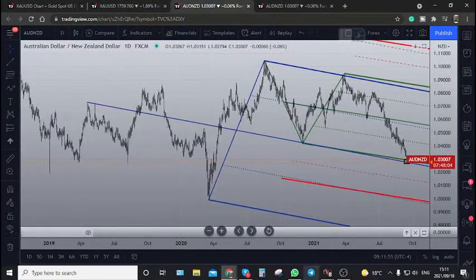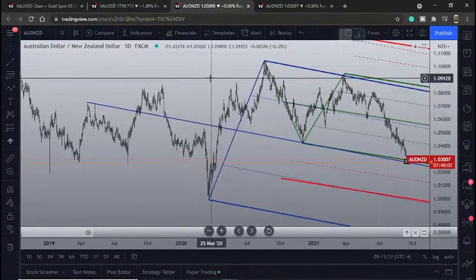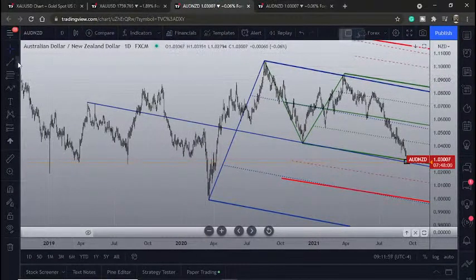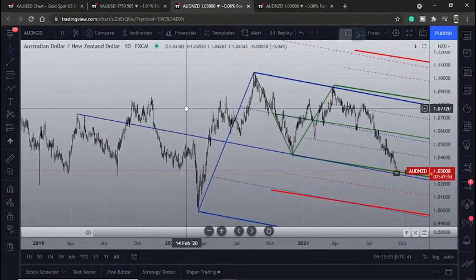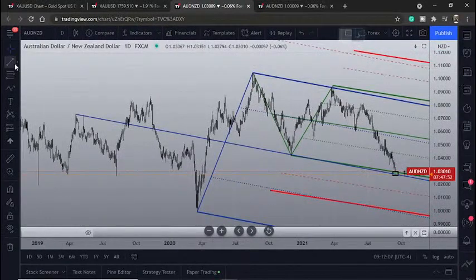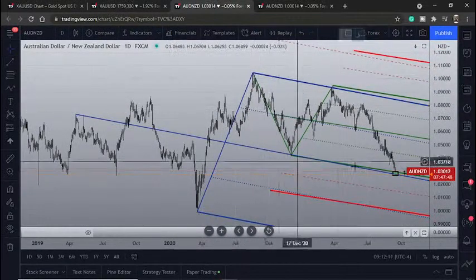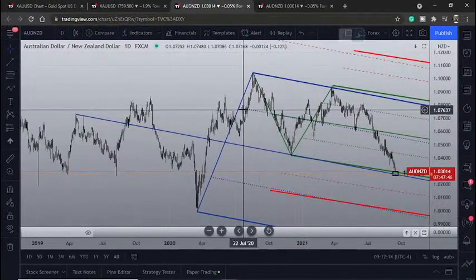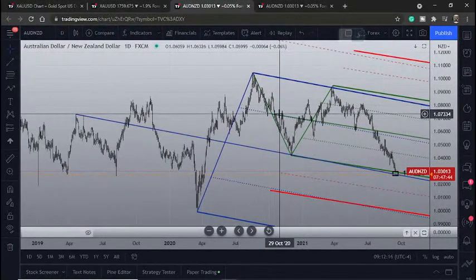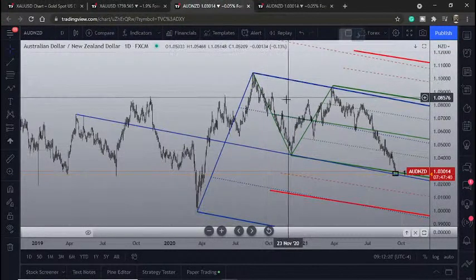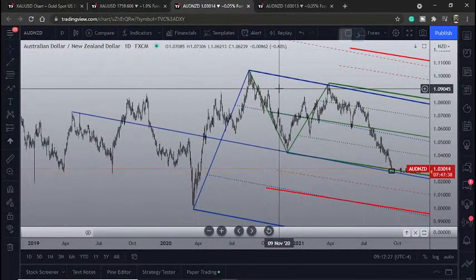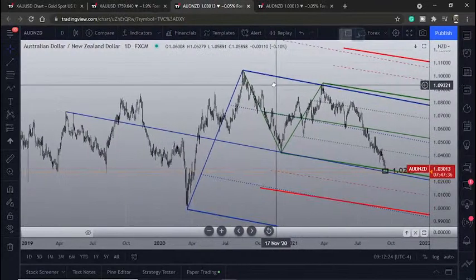Now, just quickly from an educational perspective, how do you know that a pitchfork you drew is the right setting to use? What I'll typically do is look at the upper 50, in this case because price is in the upper half of this pitchfork, look at that 50% dashed median line, which basically dissects the center median line and the upper median line in half, exactly 50%, running at the same parallel angle.